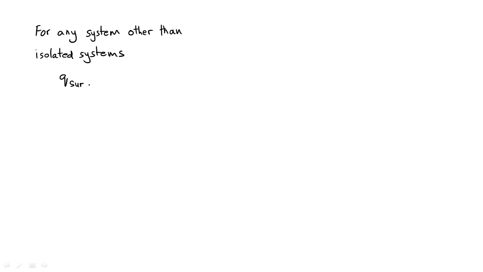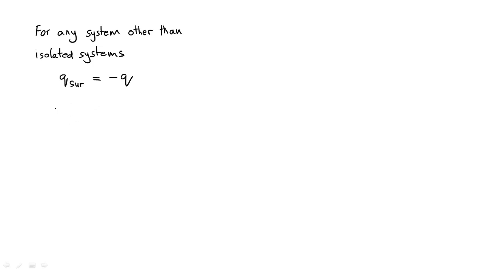For any system other than an isolated system, the heat absorbed by the surroundings, Q surroundings, is equal to minus Q of the system. If I don't put a subscript, it implies that I'm referring to the system.